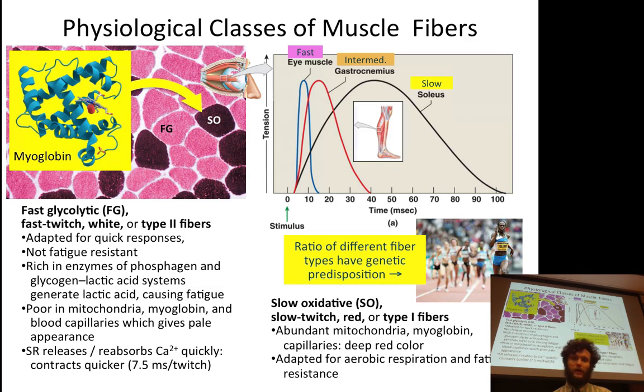White meat would be like the fast twitch, and the dark meat would be like the slow twitch. So the slow muscles are ones that have more endurance, and the white meat would be one that is more anaerobically trained.